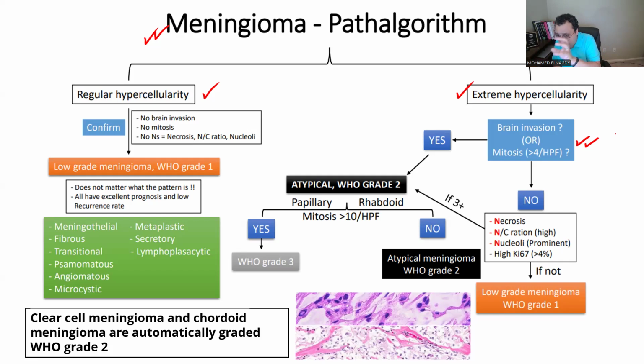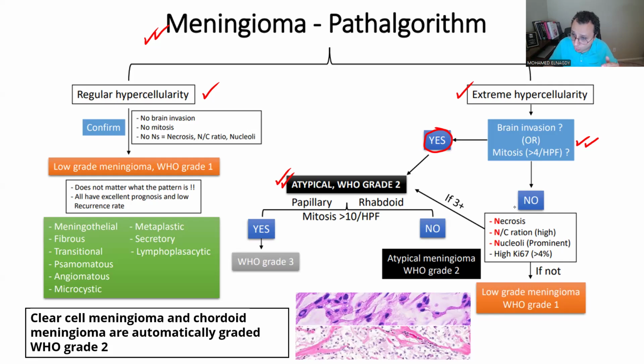If either of these two is a yes, that's more than enough to upgrade the meningioma to WHO grade 2. So this automatically makes it an atypical meningioma, which is a WHO grade 2 meningioma.